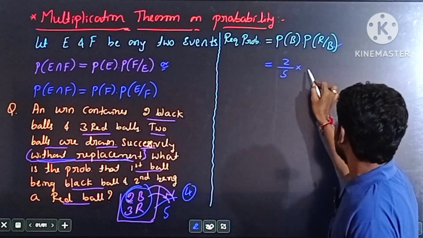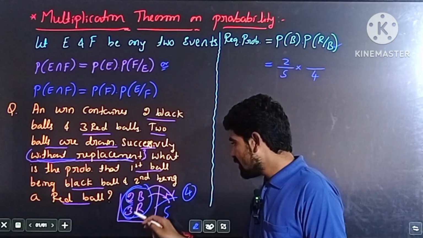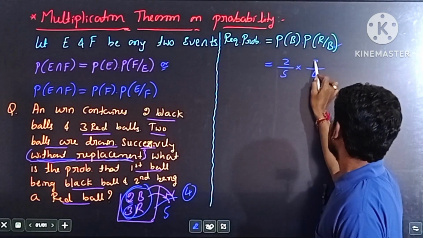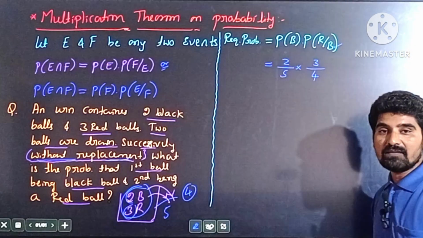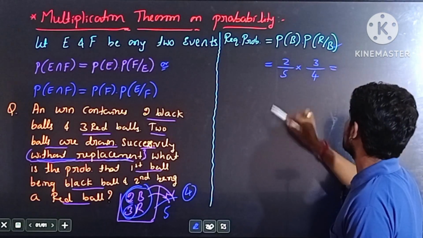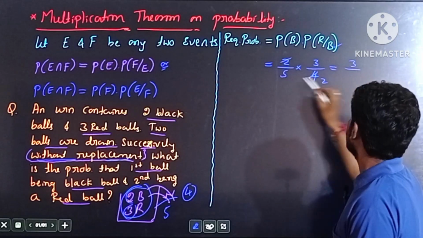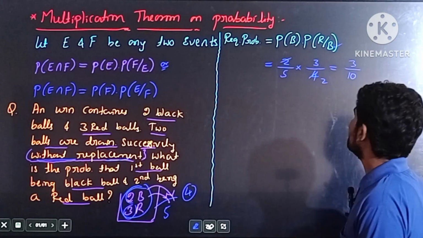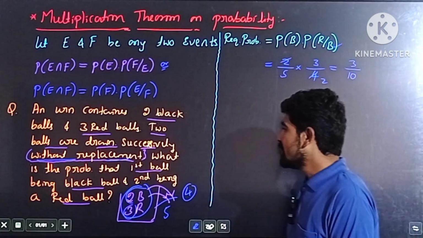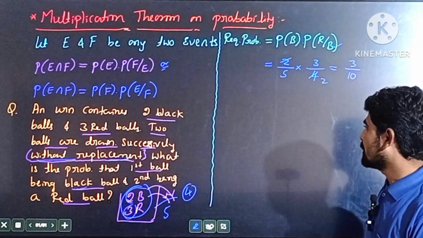And in that the number of red balls is 3. Therefore 3 by 4 is the probability of the second red ball. Hence the total required probability is equal to 2 ones are 2, 2 twos are 4, so 3 divided by 5 twos are 10. So 3 by 10 is the probability of the first ball being black and the second being a red ball.